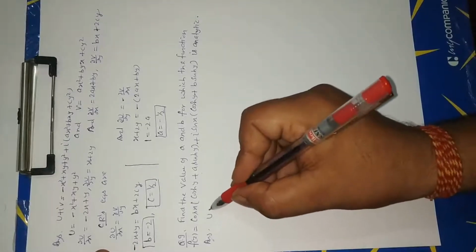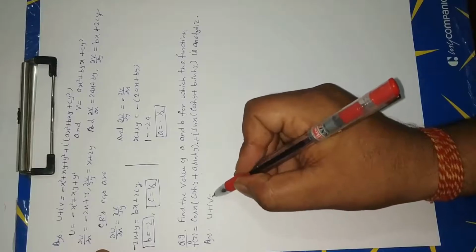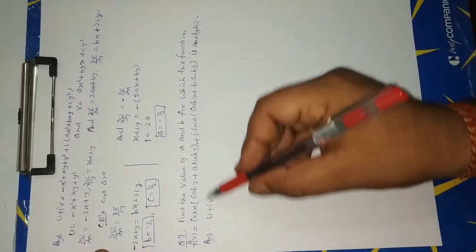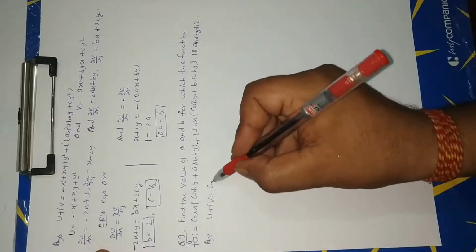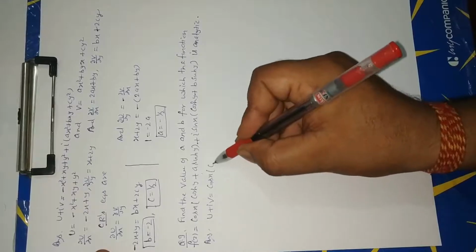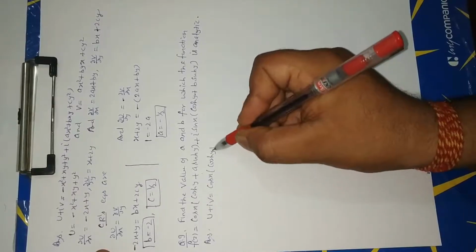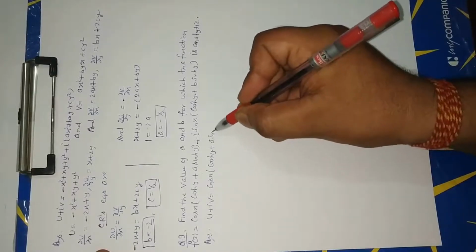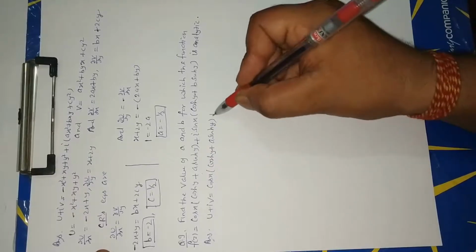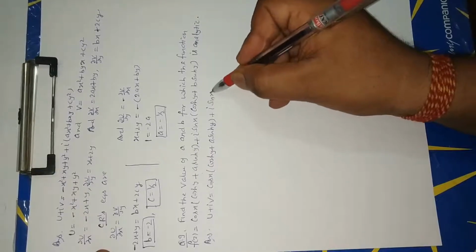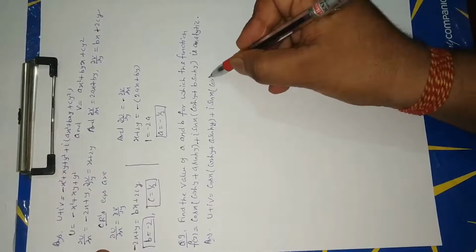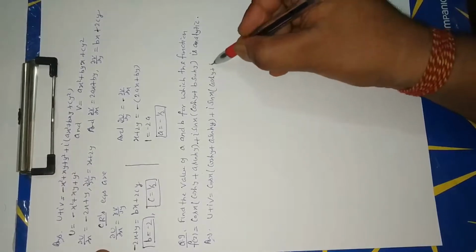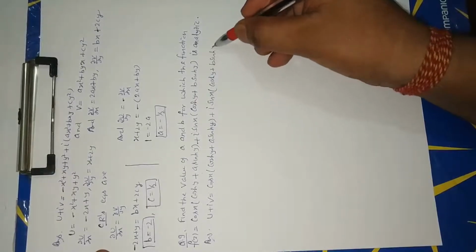f(z) is u plus iv. Now the value of f(z) is given as cos x into (cosh y plus a sinh y) plus i sin x into (cosh y plus b sinh y).